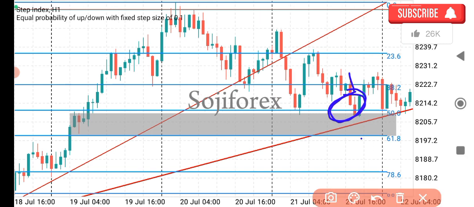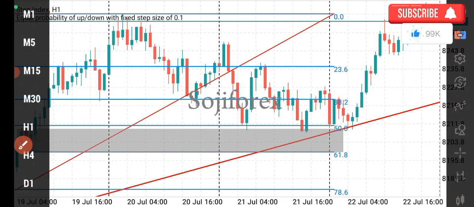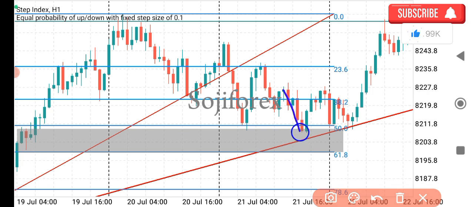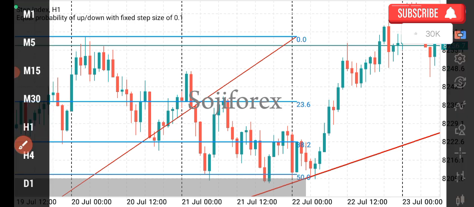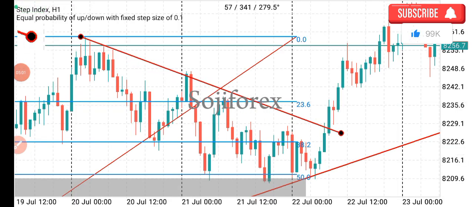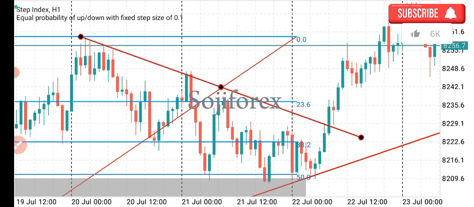Otherwise, I will have to wait. And here I have a W sharp pattern. If I want to use sharp pattern, I will use this to buy. If I want to use a break of structure, I will connect my trend line, which is this, from here to this point, and this will give me a buy.